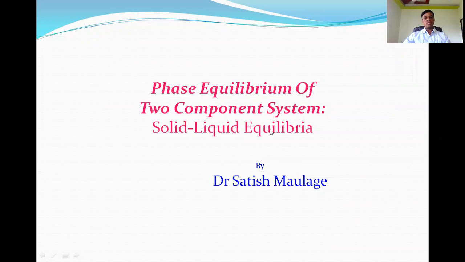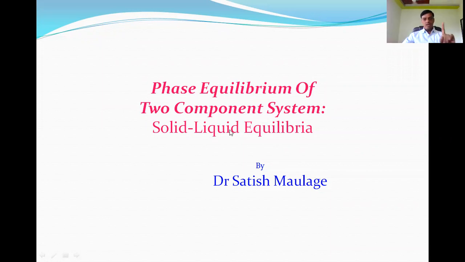Like we have discussed the water system in detail, the different areas, different curves and different eutectic points, in the same way we are going to discuss all the terms which we are going to use in this phase diagram of two component system.